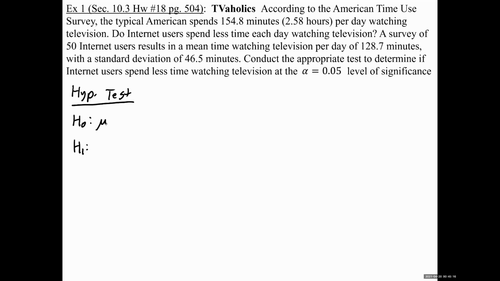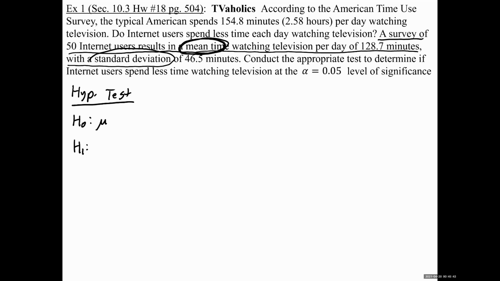Now, let's talk about keywords. Let's look at the sentence over here. A survey of 50 internet users results in a mean. They use the word mean. You go, oh, mean, average, mu. Great. If you see that keyword, you're happy, you got it, mu. Then: mean time watching television per day of 128.7 minutes with a standard deviation.